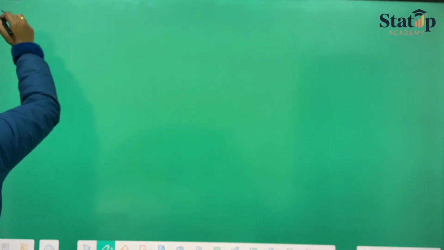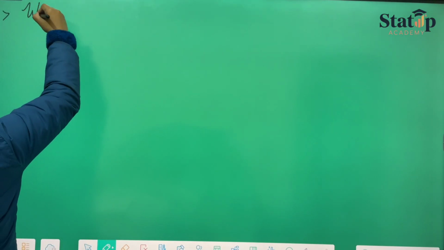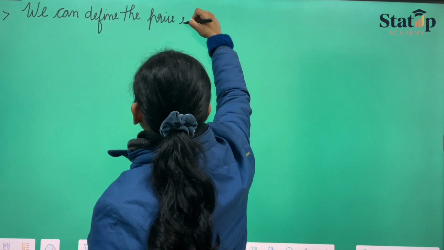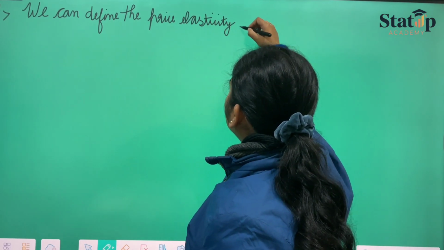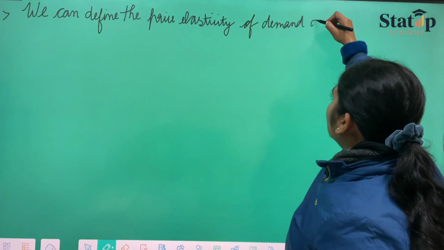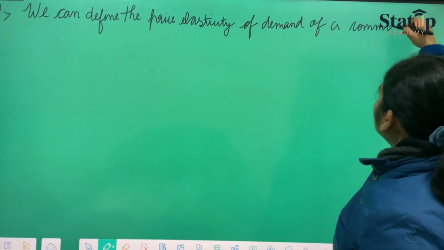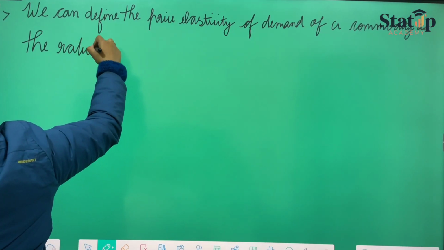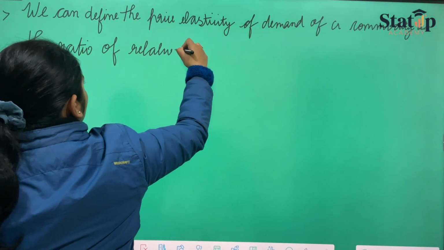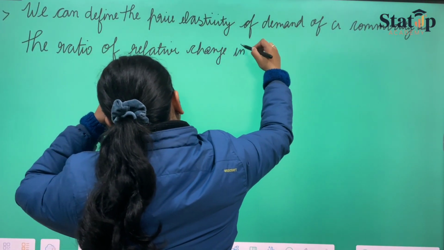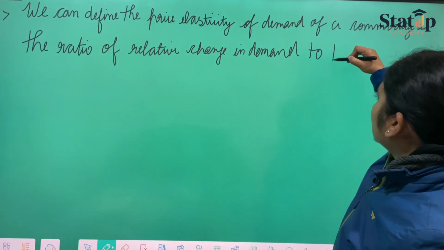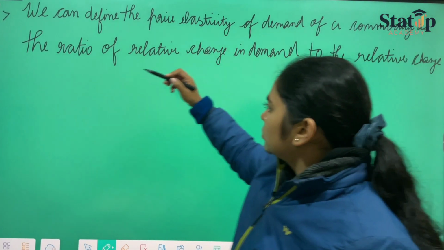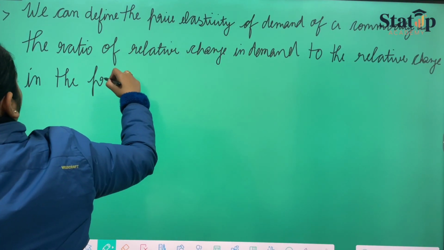To begin the first portion, we can define the price elasticity of demand of a commodity as the ratio of relative change in demand to the relative change in the price of the same commodity.